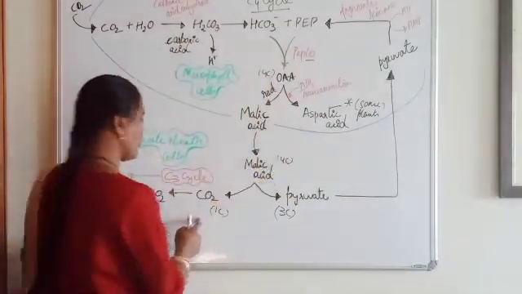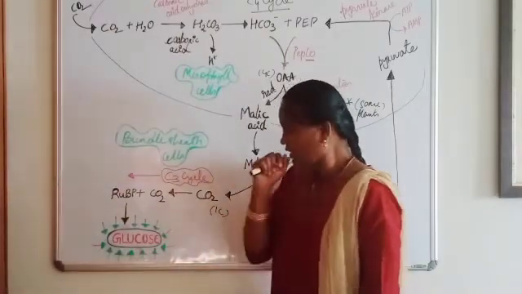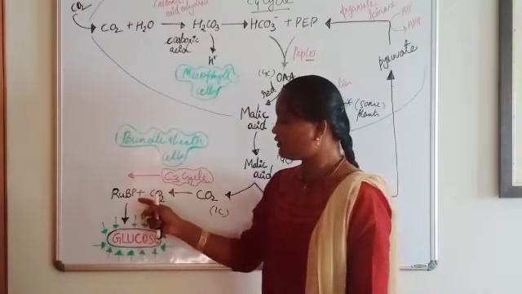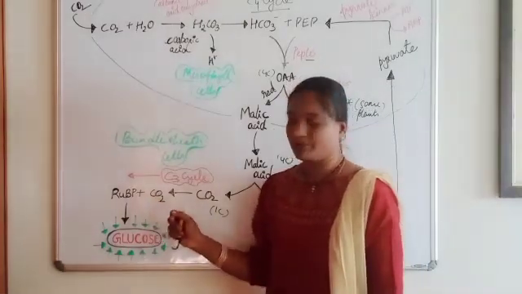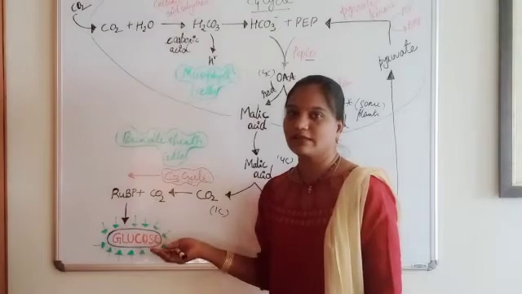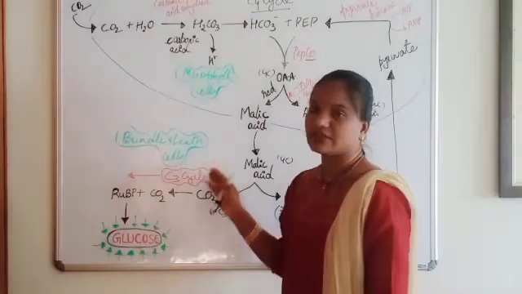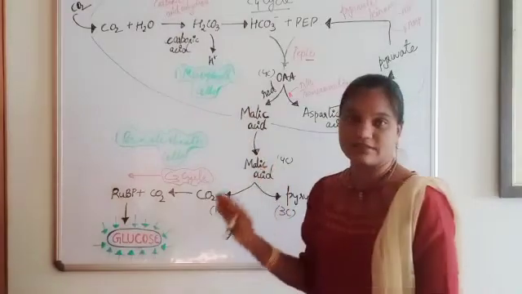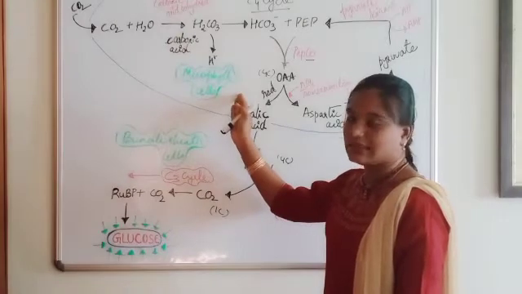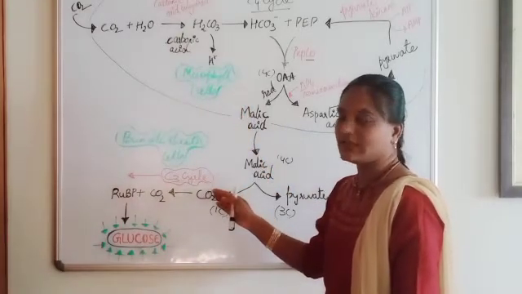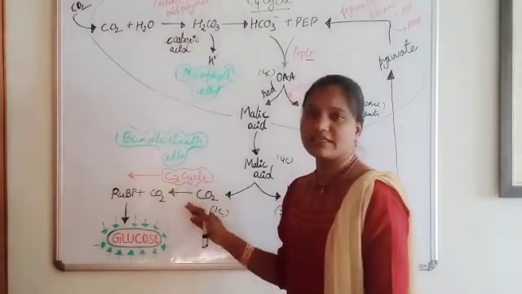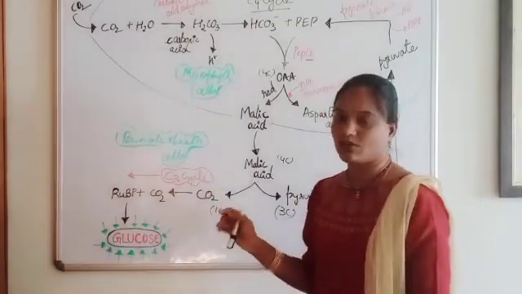Now the formed CO2 molecule will enter into your C3 cycle and fix with RuBP to form glucose. This is the C3 cycle that we have already discussed in the previous session. This is taking place in C4 plants. The first step is observed in mesophyll cells, and the remaining steps are observed in bundle sheath cells. That means the C3 cycle is taking place in bundle sheath cells.